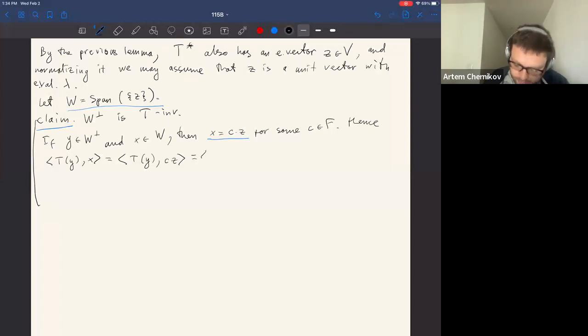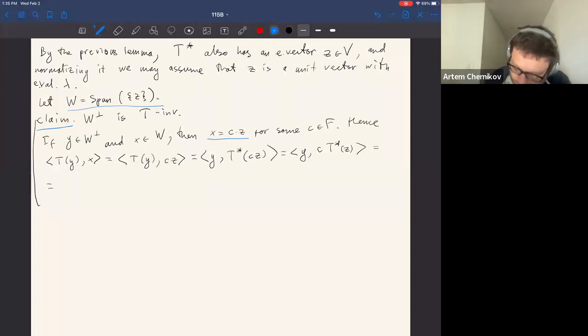Now use the adjoint property. So this is the same as Y inner product with T star of CZ. But because T star is also linear, remember the adjoint of a linear operator is itself a linear operator, we get that this is the same as Y inner product with the vector C times T star of Z. But now this is equal to what?